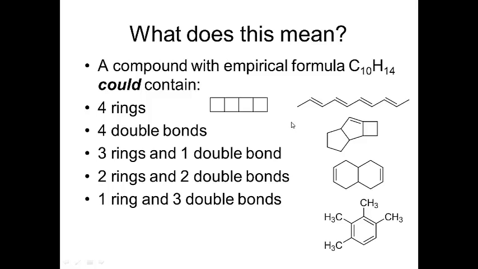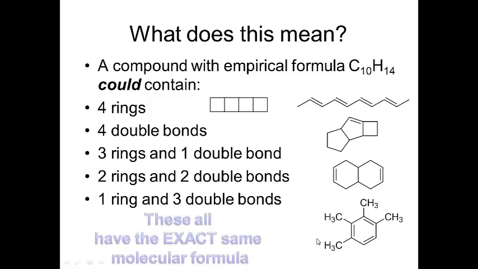We could have 4 double bonds, like this compound here. We can have 3 rings and 1 double bond. We could have 2 rings and 2 double bonds, or we could have 1 ring and 3 double bonds, like this one. And one thing to remember is that all of these molecules have the exact same molecular formula of C10H14.